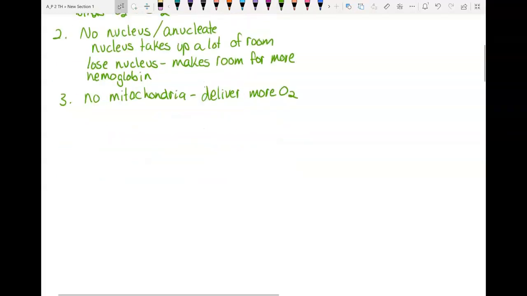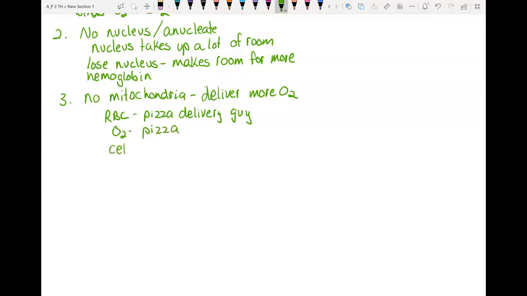Let's imagine for a moment your erythrocyte, which we can abbreviate RBC for red blood cell, is like a pizza delivery guy. The oxygen is the pizza, and your cells are the hungry customers.